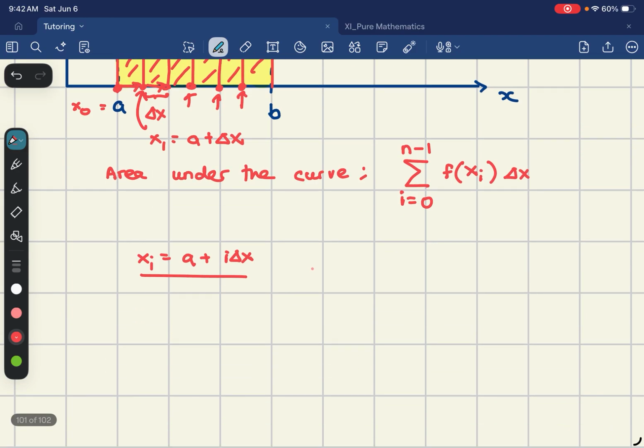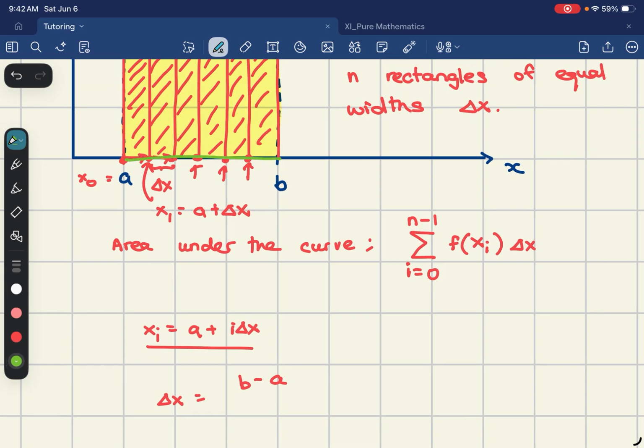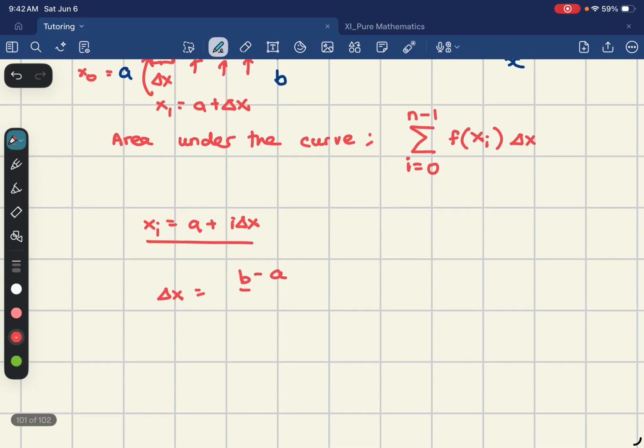And what is delta x? Well, delta x is going to be b minus a, which is this width, and then divided by the n intervals that you have. So all of these together.